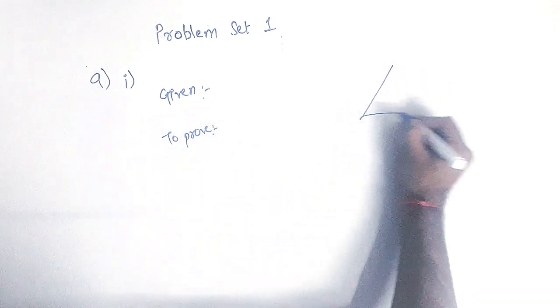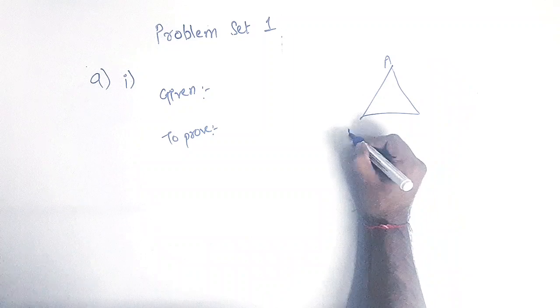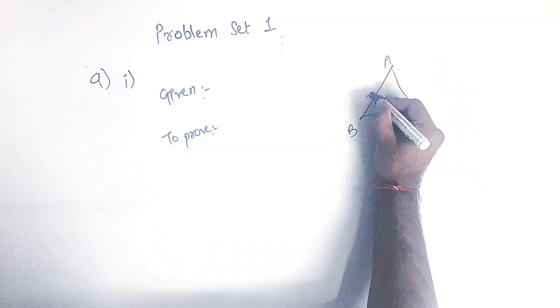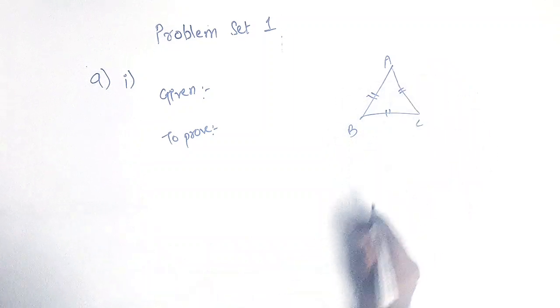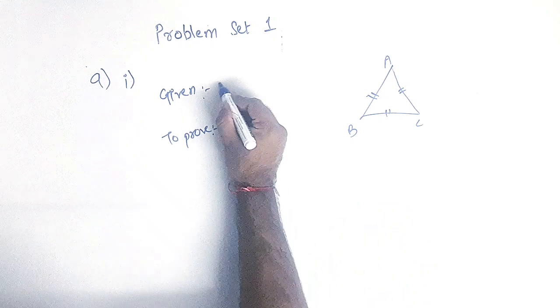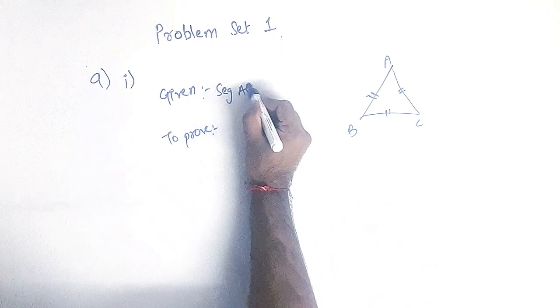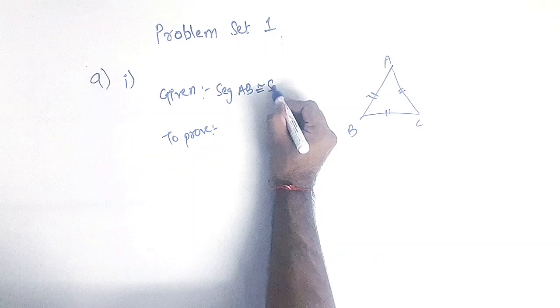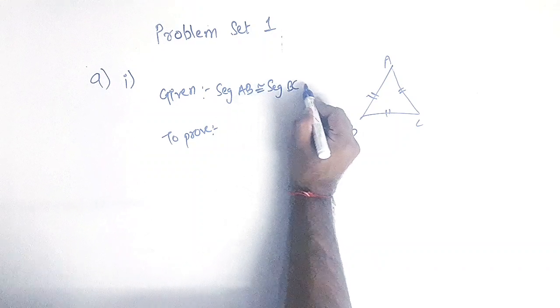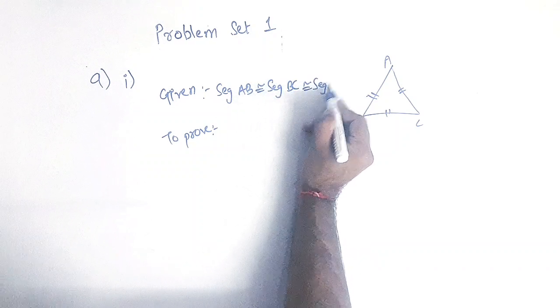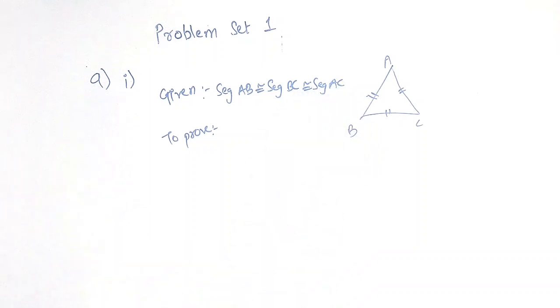So I'll draw a triangle ABC. All the sides of a triangle are congruent, so the given part becomes seg AB is congruent to seg BC is congruent to seg AC.